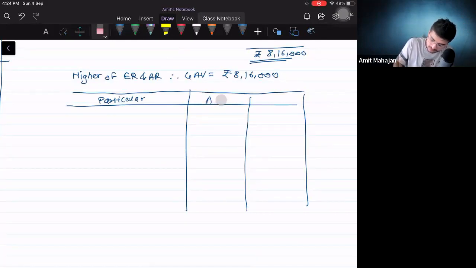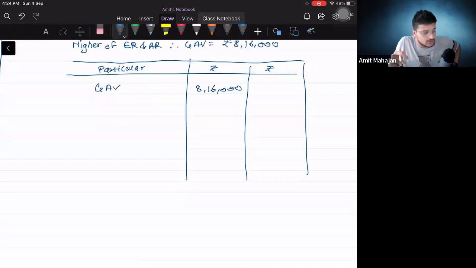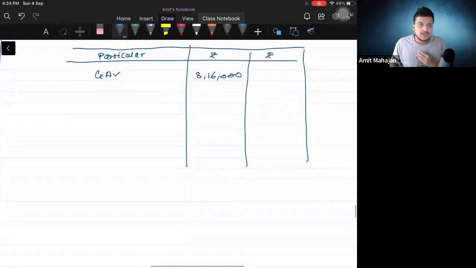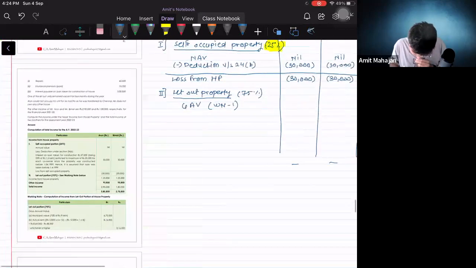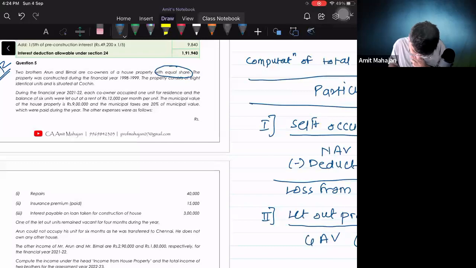Arun, sorry, rupees. Now GAV is equal to 8,16,000. Okay, in the inner column we write it. I will take one more question after this. GAV is 8,16,000. After that, municipal taxes. What will be the municipal taxes? 20% of municipal value.